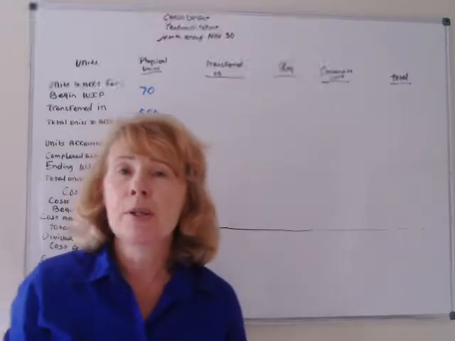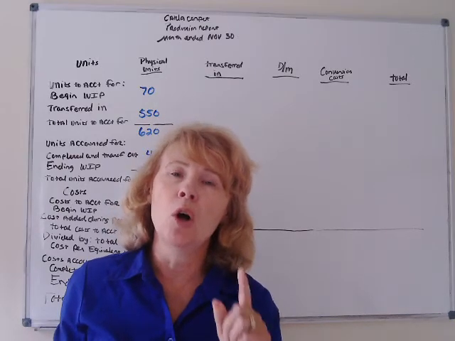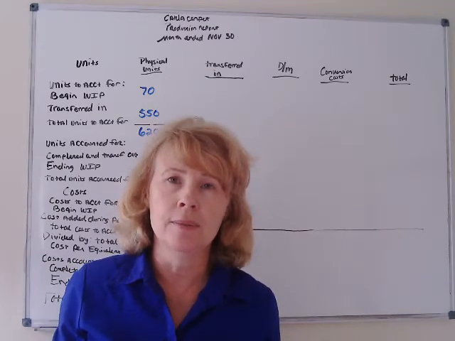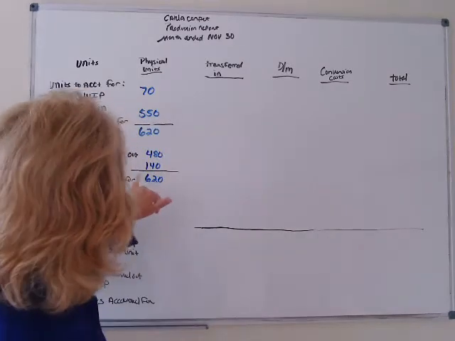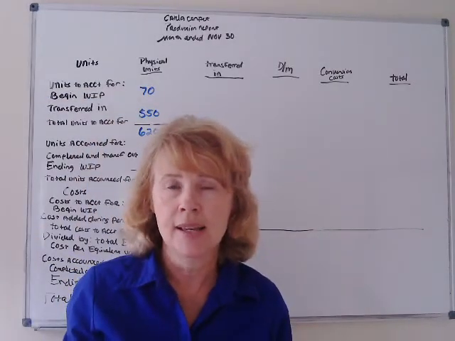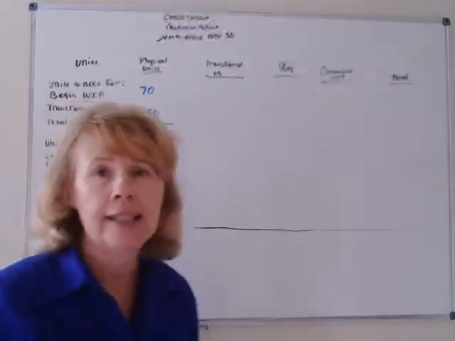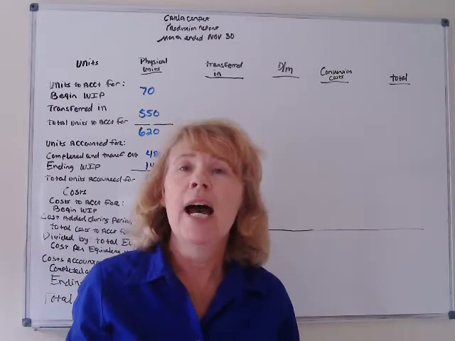Let me stop and talk to you for a minute. Sometimes some of the problems will only give you one piece of the puzzle. Sometimes they will only give you ending work in process. In that case, you need to back into what was completed and transferred out. How would you do that?